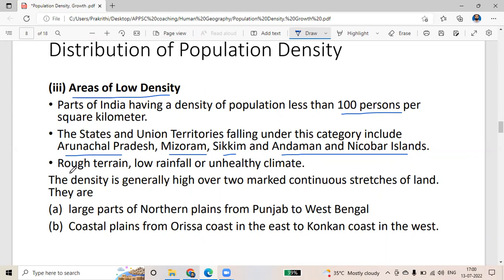The major reasons are physiography है, rough terrains होगा, low rainfall होगा, but we are lucky we have enough rainfall. और अनहेल्थी क्लाइमेट होगा and other infrastructure facility. All these are related to the above ones. Our challenging factor is, one is the terrain, hilly terrain है. Second one, we have climatic influence also. कुछ time में it will go near to 0 or between 0 to 10 के सामने आएगा temperature.